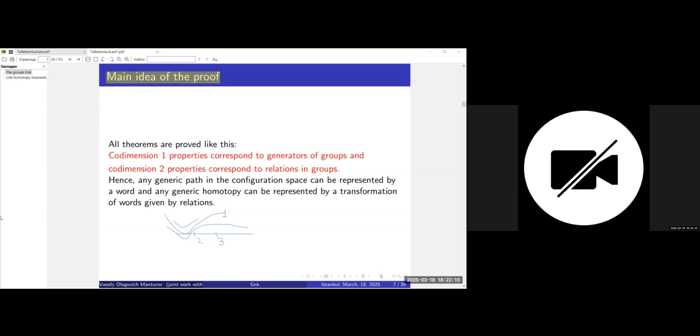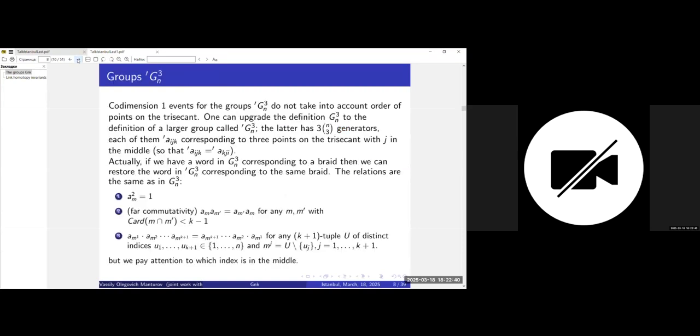So, and actually one can easily check that all codimension 2 events are like this. To be non-stable, well, in different situations it means different things, and it's written in my papers. But here I give many examples. So I would say stable with respect to trisecants, triples of points, or stable with respect to quadruples of points.